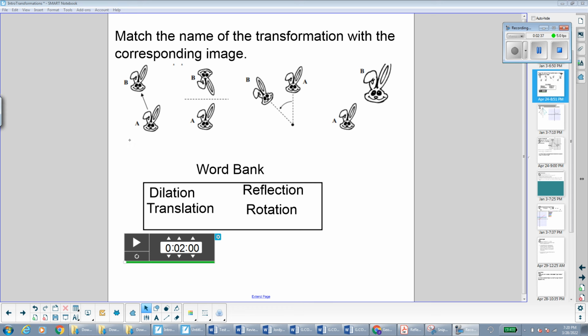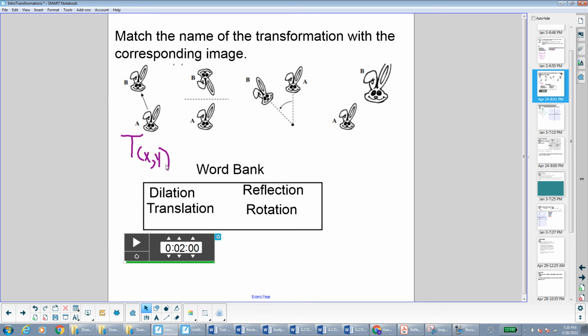So we can indicate this as a translation. Translation notation is a capital T. And the coordinates of the translation, how much we're moving over on the x-axis and how much we're moving up or down on the y-axis.